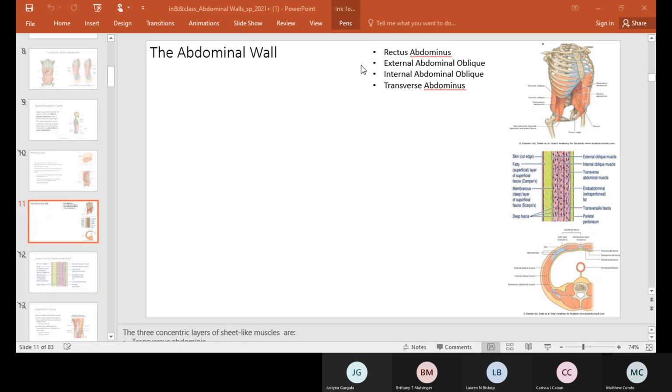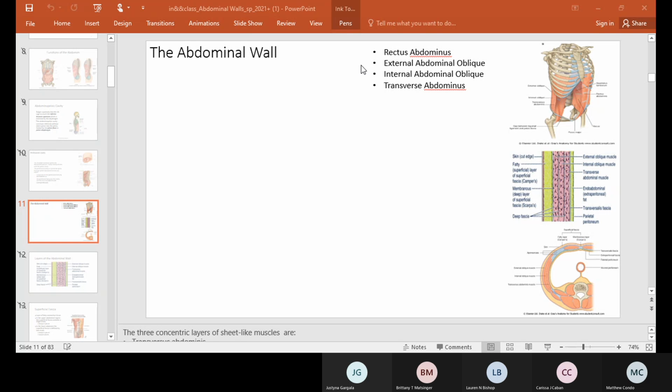Internal abdominal oblique, when innervated unilaterally, is going to make my patient side bend or laterally flex their trunk ipsilaterally. You guys remember what ipsilateral is? Same side, okay?